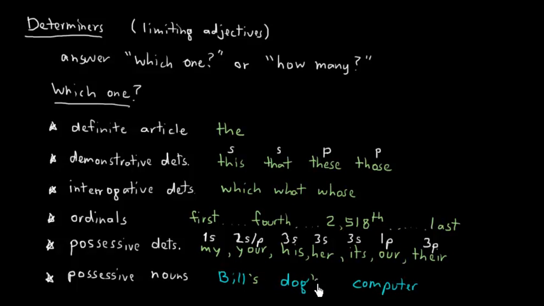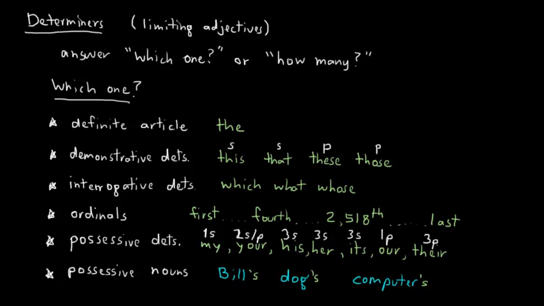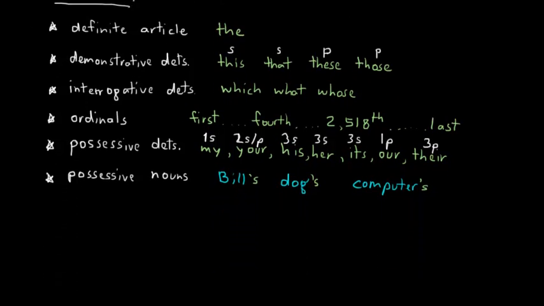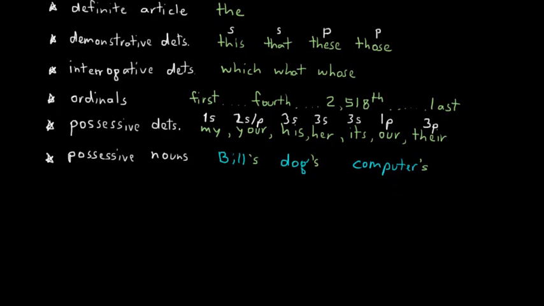Okay, and I'm writing the apostrophe S in the determiner color, because once we add the apostrophe S and we make them possessive, they become determiners. Which dog? Bill's dog. Whose collar? The dog's collar. Okay, which power supply? The computer's power supply. Okay. So the possessive nouns, once you make them possessive, they start functioning as determiners. They answer the question, which one?